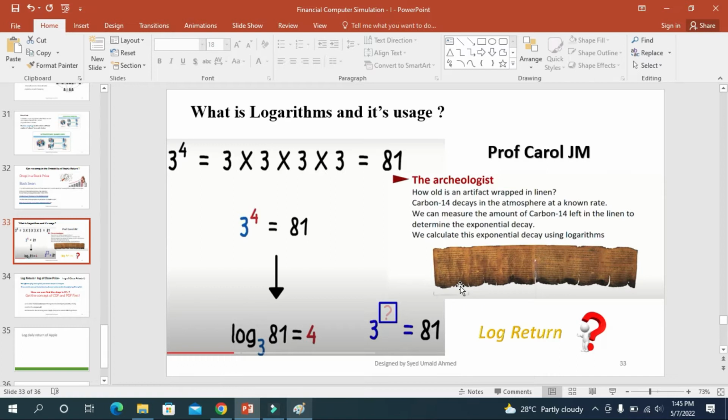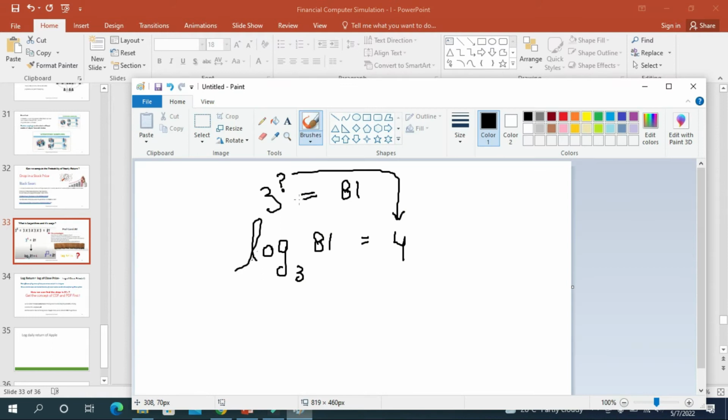So we can find the carbon 14 decays in the atmosphere, and we know the decay rate, how carbon 14 decays over time. By knowing the value of its radioactive decay rate, and by having the idea of exponential decay, just like we have the idea of the answer 81, we can calculate how old this artifact is by using a known quantity.